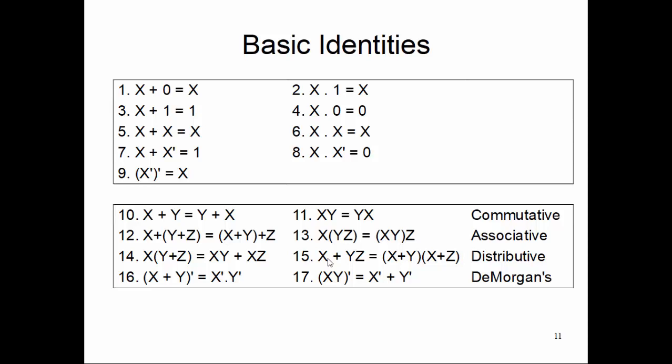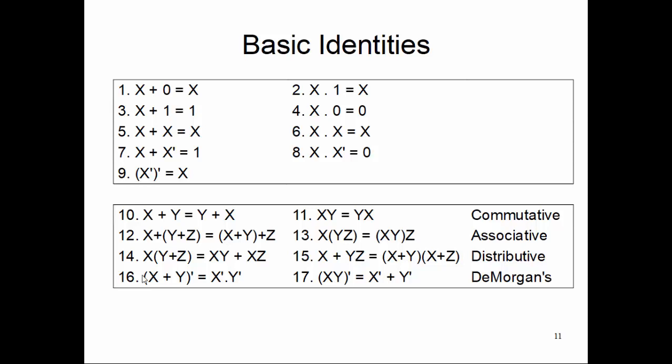But 15 is somewhat counterintuitive compared to what you have learned in normal, general algebra. You can distribute an OR over AND. It almost looks like you can distribute a plus over a dot, or addition over multiplication, if you want to call it that, but let's not call it that because that's dangerous, because that's not a true thing, right? It is basically OR and AND. But visually it looks like addition and multiplication.